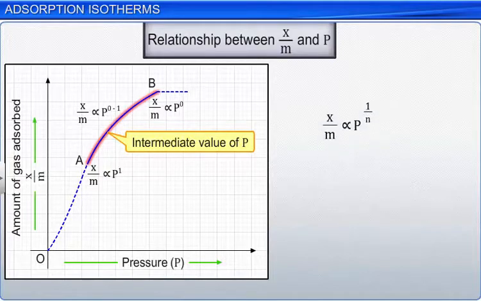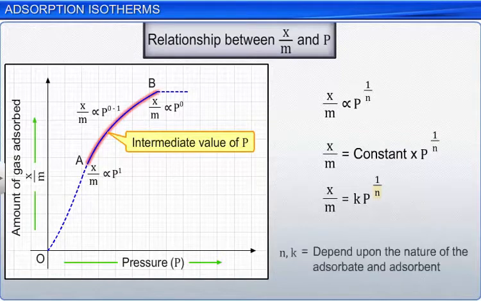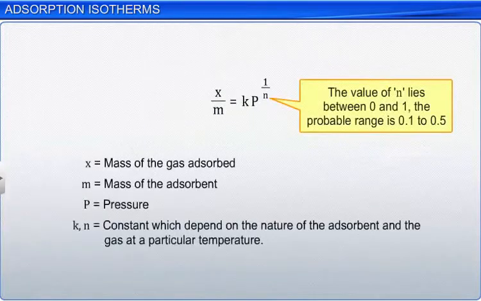At a particular temperature, n and k depend upon the nature of the adsorbate and the adsorbent. Note here that 1 by n has a value between 0 and 1, and the probable range is 0.1 to 0.5.